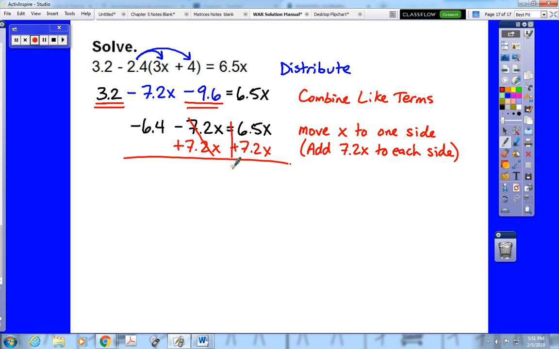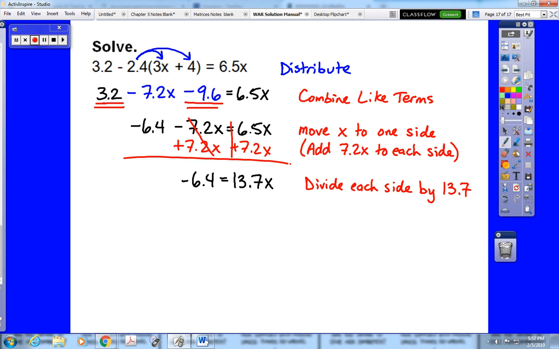Cancels there. That gives me negative 6.4 equals 13.7x. Then I'm going to divide each side by 13.7. Okay? So that is divide by 13.7, divide by 13.7.